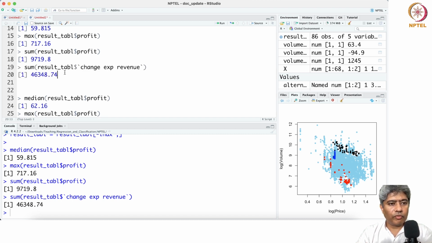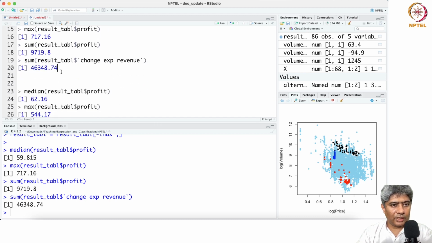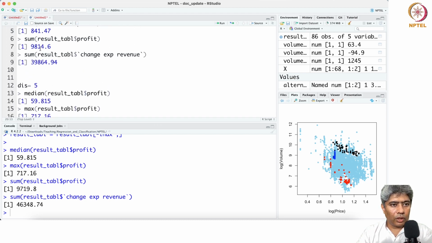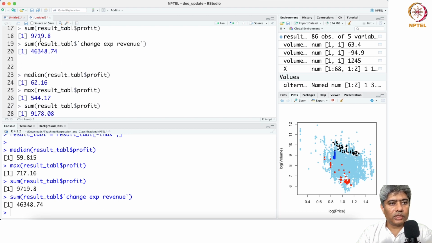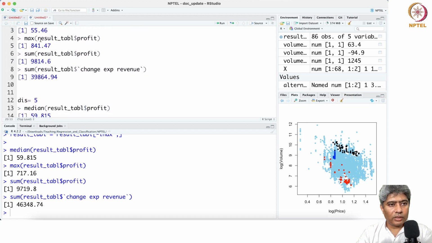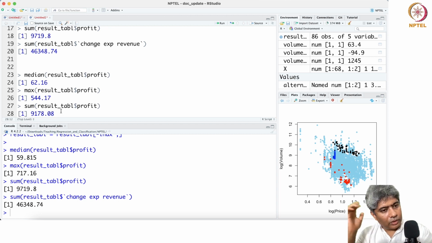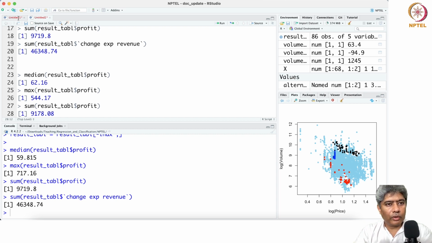My total revenue goes up from 39,000 to 46,000, but total profit came down from 9,800 to 9,700, but median profit raised by $4. Okay, median is the 50% rate at a lower level, overall profit goes up.